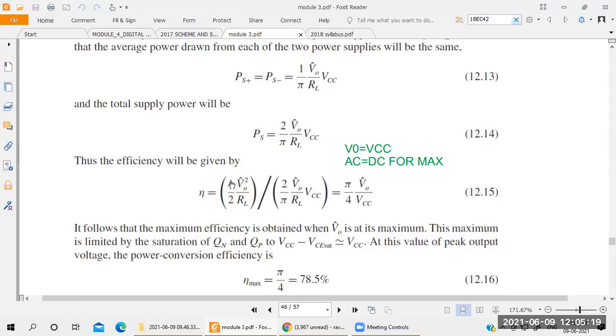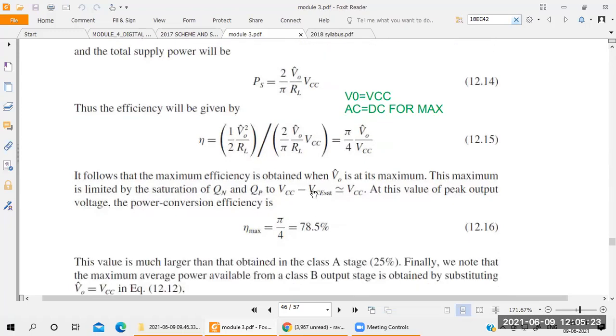That equals pi/4 into V0 divided by VCC. So when V0 is equal to VCC, meaning the AC output is near the DC voltage, the maximum efficiency is pi/4, that is 78.5%. For class A, what is the efficiency here? 25%. The maximum efficiency for class B is 78%.